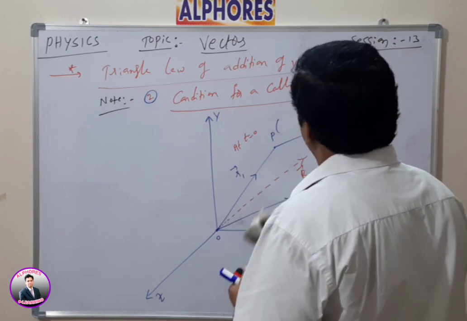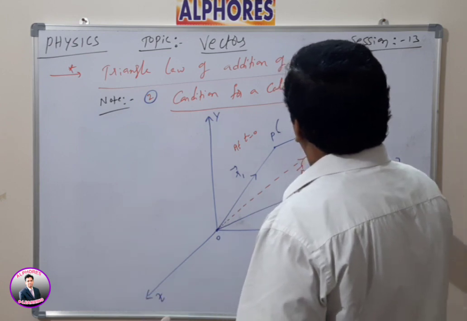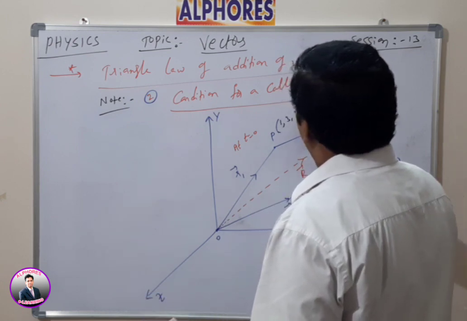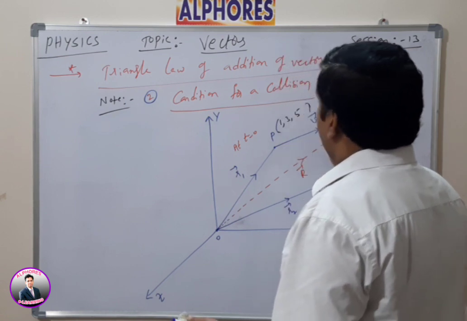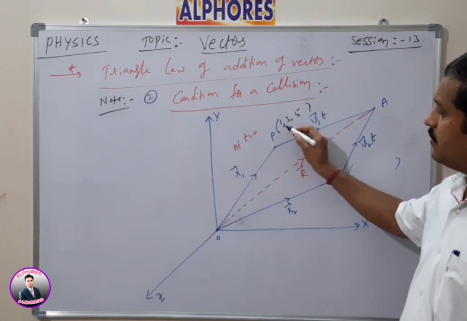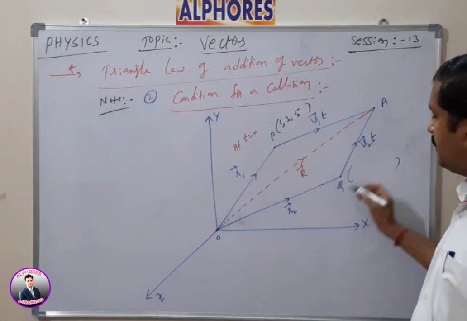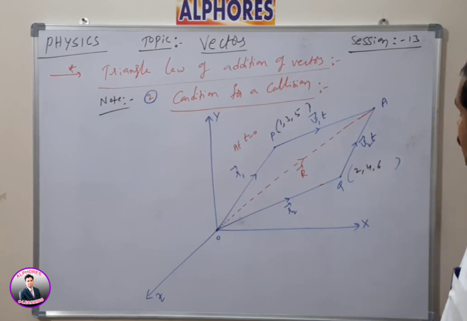Here I am giving the position vectors, let us say 1, 3, 5. That means initially the particle is at a point B which has the coordinates 1, 3, 5. The other is 2, 4, 6.